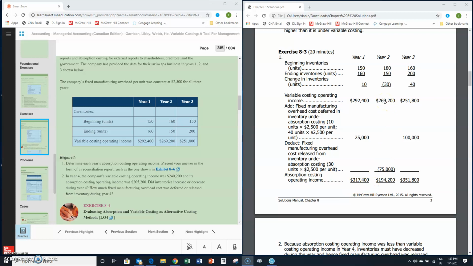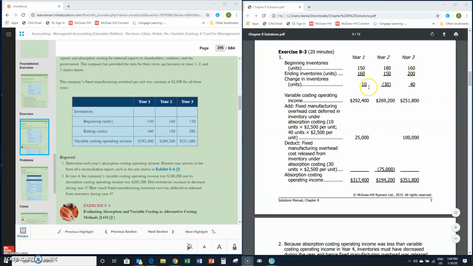Year 2, again, we're given the variable costing income. We look at what happened to inventory. I'm just noticing here that the numbers are different: we had 160 and 150 here, and 180 and 150 here.